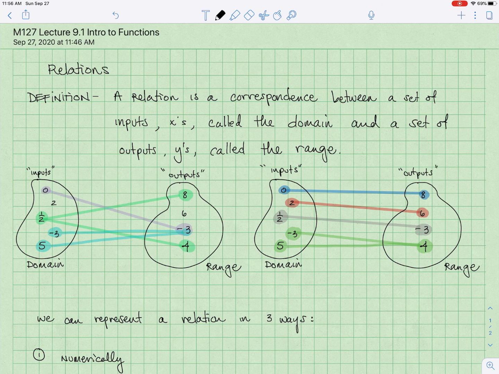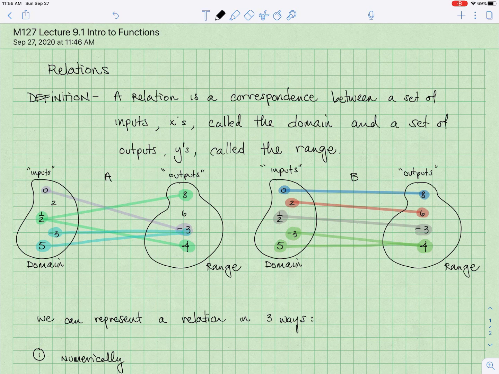What I'm getting at is that even though we have the same collection of numbers in both scenarios, these are different relationships because they're different rules that match up the numbers in different ways. We might say this is relationship A and this is relationship B.